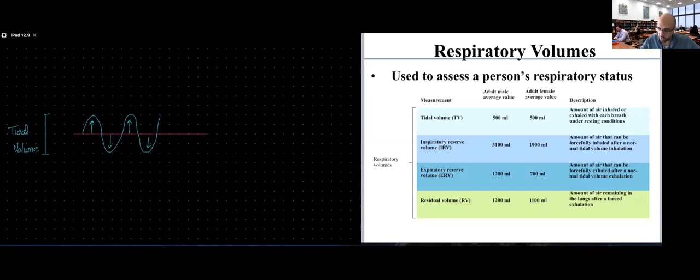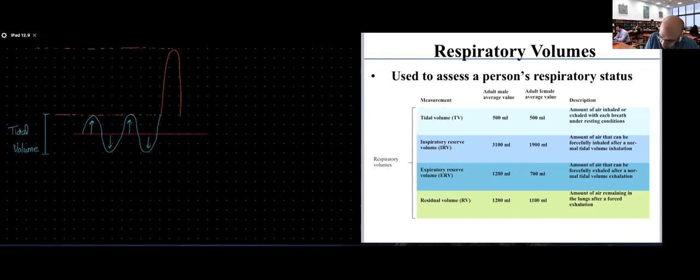So all this air that I can inhale beyond the tidal volume is what we call here, this is my inspiratory reserve volume. So inspiratory reserve volume is going to be the amount of air that you can inhale by forceful inspiration. So you're going to be breathing in maximally to move this extra amount of air beyond the tidal volume.